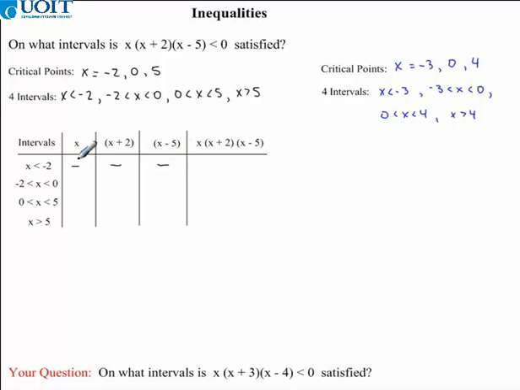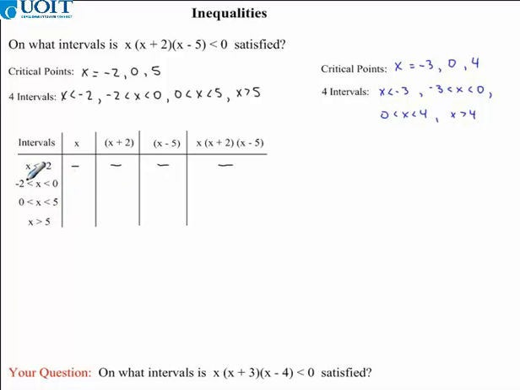So we have three negative numbers being multiplied together in this last column. A negative times a negative will give us a positive, and a positive times a negative will give us an overall negative answer. We're going to do the same thing for the remaining rows.